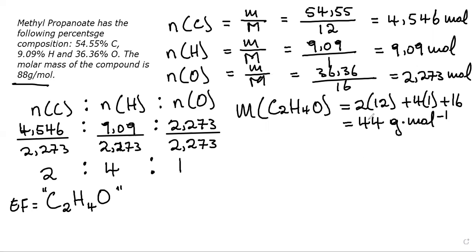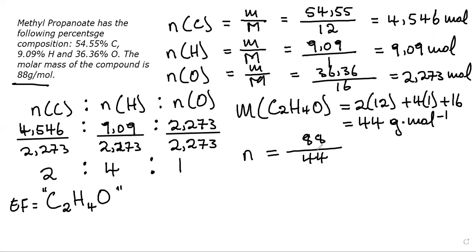So now that we have the molar mass of the empirical formula, we need to find the whole number ratio. We take the molar mass of the actual compound, which is 88 grams per mole, and divide this by the molar mass of the empirical formula, which is 44.